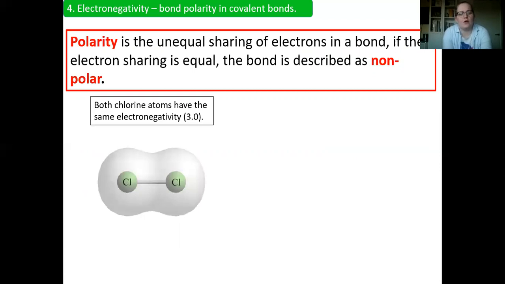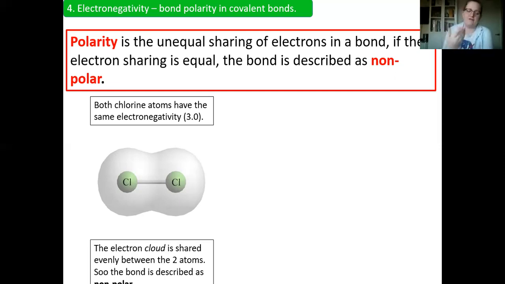So both chlorine atoms have the same electronegativity of 3 on the Pauling scale. Therefore, it will be a non-polar molecule. Because they're both the same atom, they're not going to pull the electrons more to themselves or the other, because they're both exactly the same.